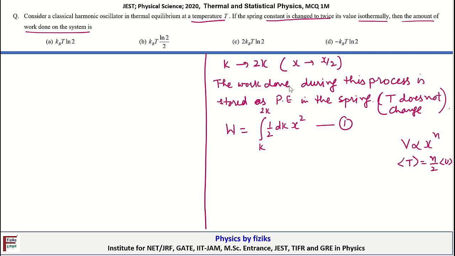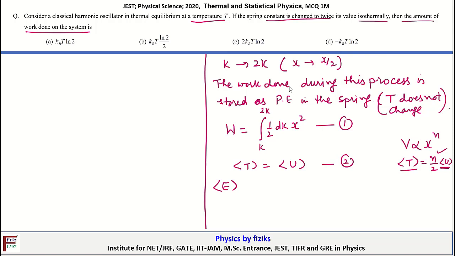Here n is equal to 2, so the average kinetic energy becomes equal to the average potential energy. This is result 2.